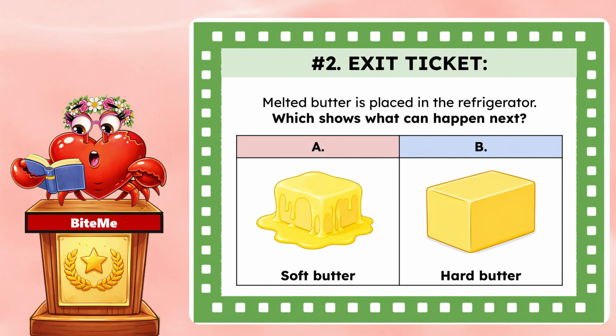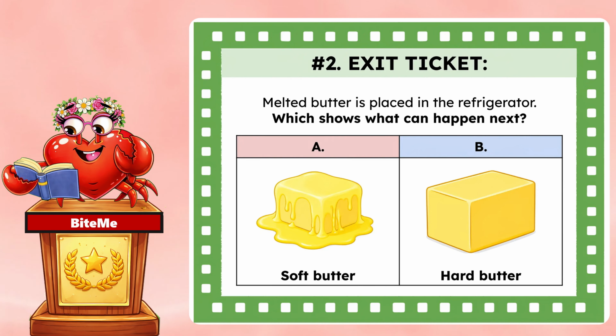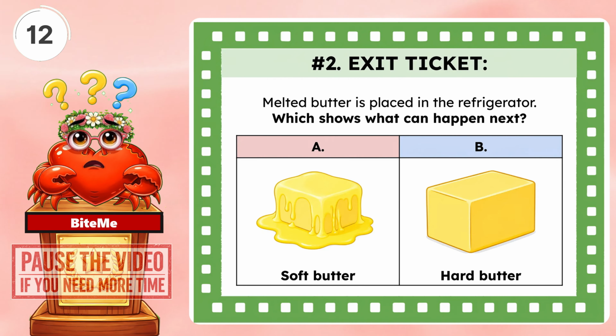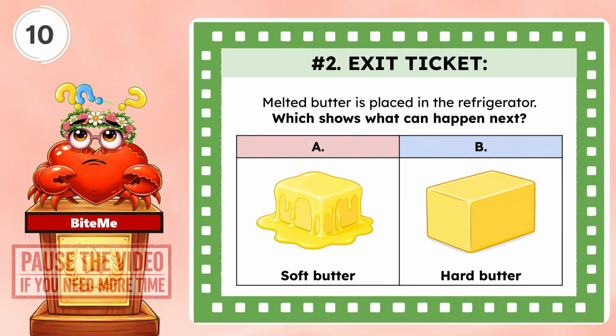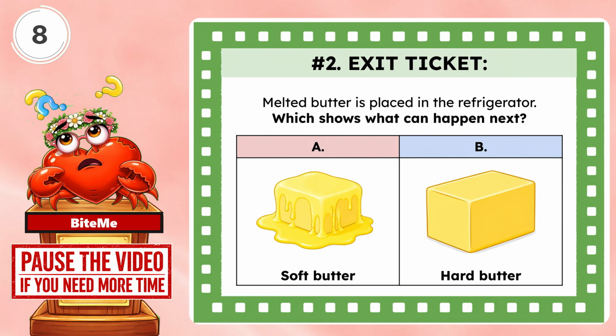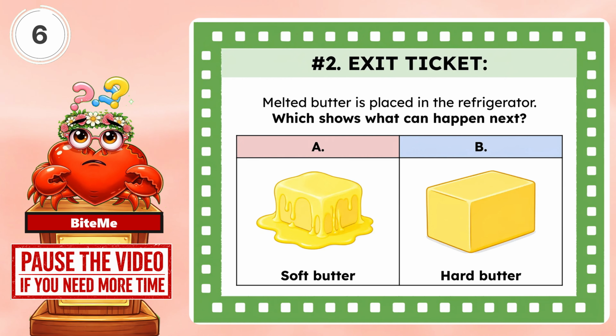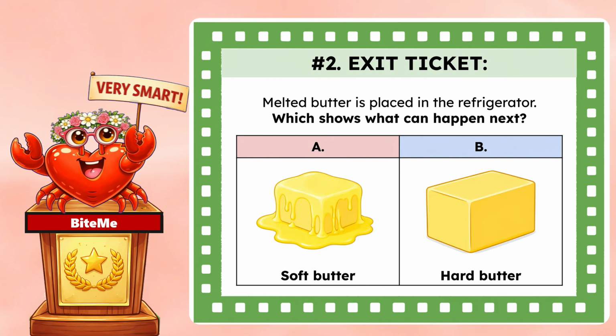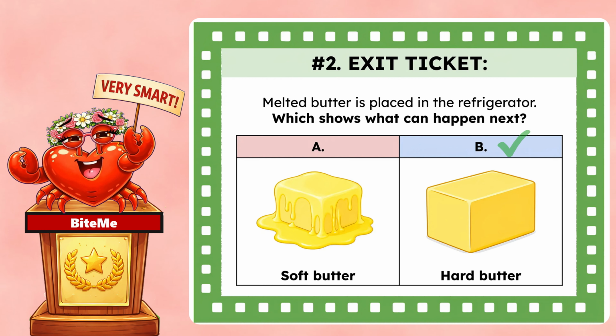Melted butter is placed in the refrigerator, which shows what can happen next. And the correct answer is letter B, hard butter.